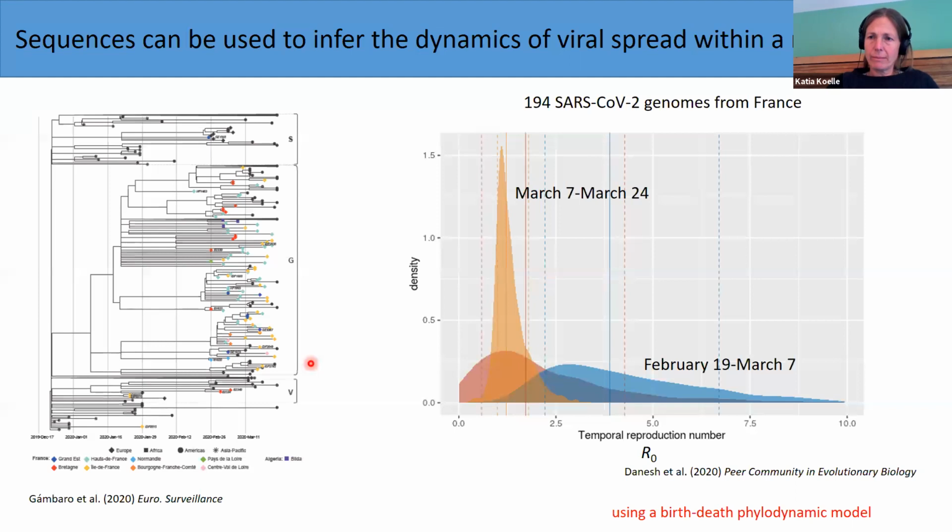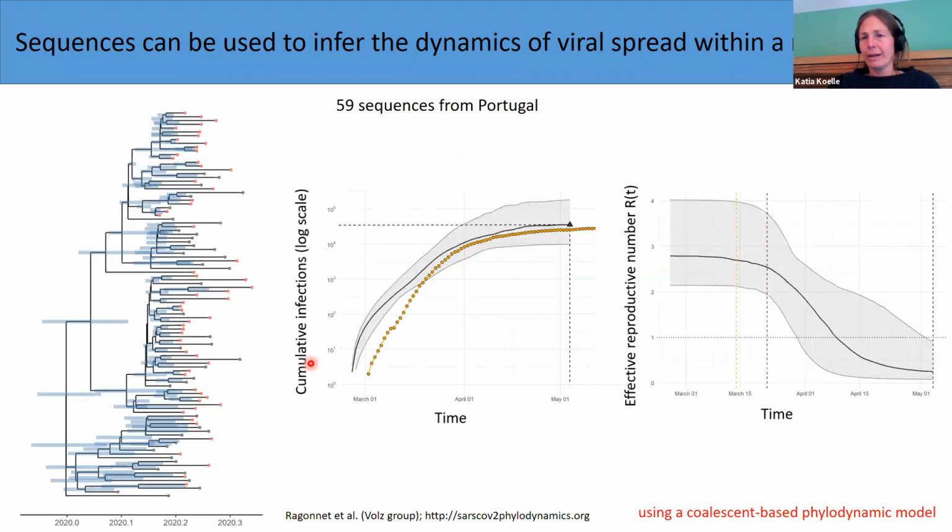The second approach, as Samuel also mentioned this morning, really comes from Erik Volz's group. It's a coalescent-based approach, and this is just an example using that coalescent-based approach. I think these are really elegant underlying mathematics that Erik Volz has developed to estimate also R0, or the effective reproductive number, over time using sequence data.